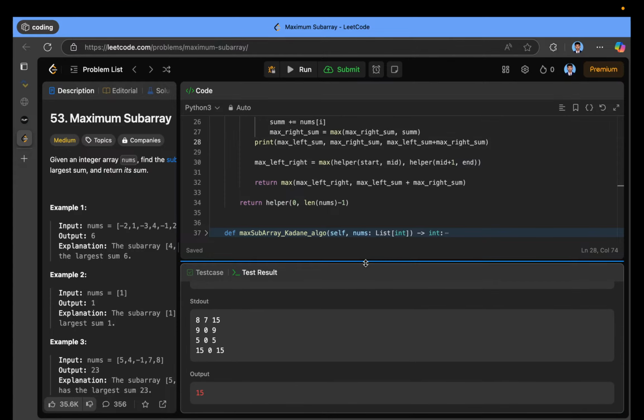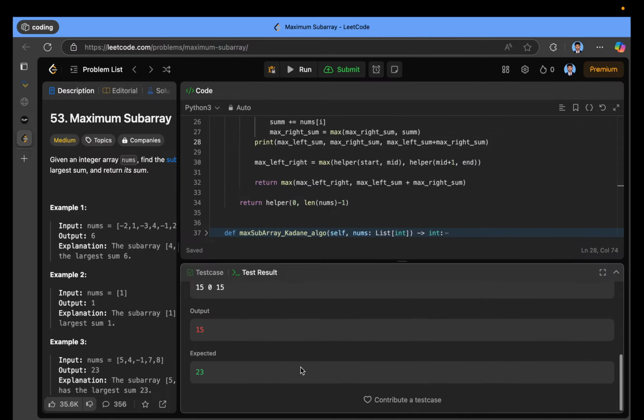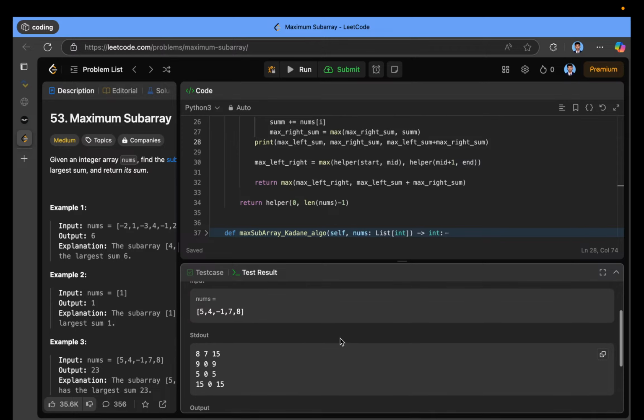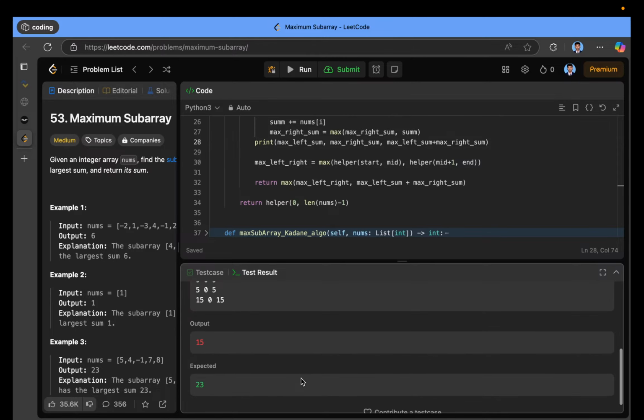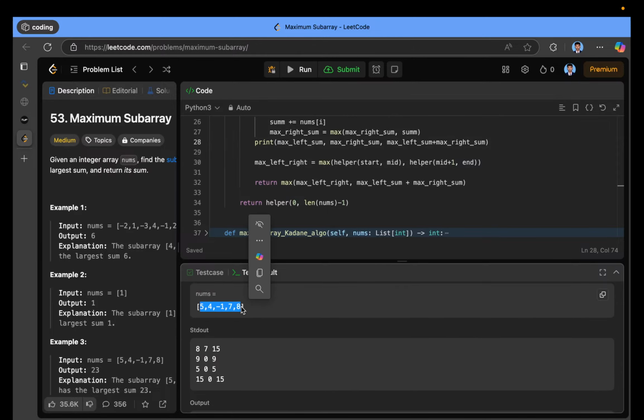Okay, the output should be 23. So let's find out how they are getting 23. 7, 14, 15, 16, 17, 18, 19, 20, 21. Okay, they are taking the whole array sum.